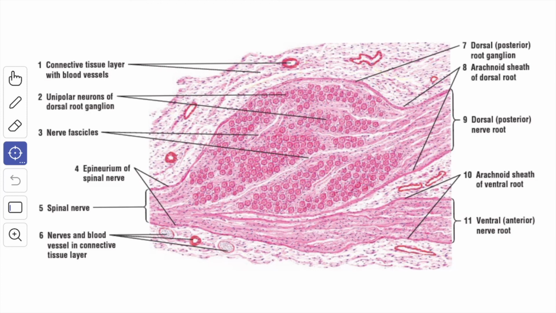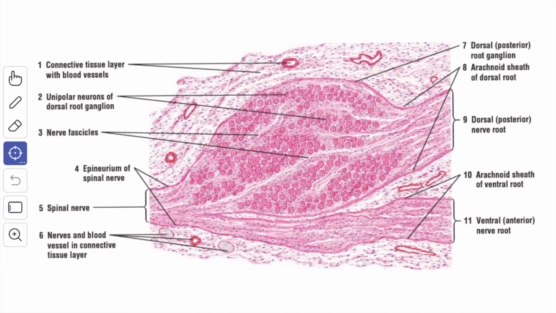In the section stained by silver impregnation, the neurons can be seen as unipolar type. The groups of cells are separated by groups of myelinated nerve fibers. So these are the groups of cell bodies, and in between them you have myelinated nerve fibers.